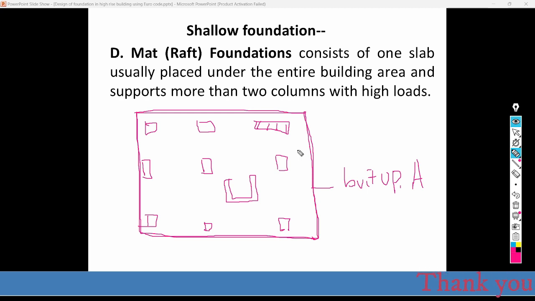So mat foundation is applicable where there are higher structural loads coming from the superstructure, and the number of columns placed over the mat foundation must be more than 2.